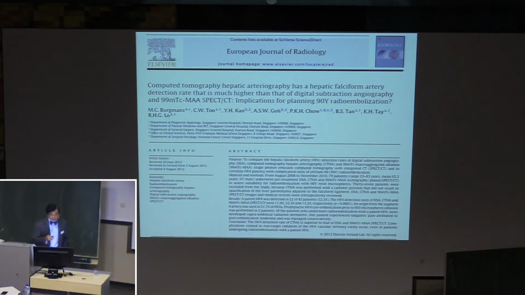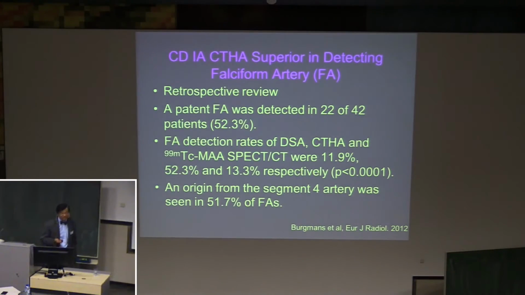Mark has also done a study looking at visualization of the hepatic falciform artery, which is actually very, very difficult to visualize on diagnostic angiography. He did a retrospective review and found that we could detect slightly over 50% of the falciform arteries in this group of patients that he looked at.